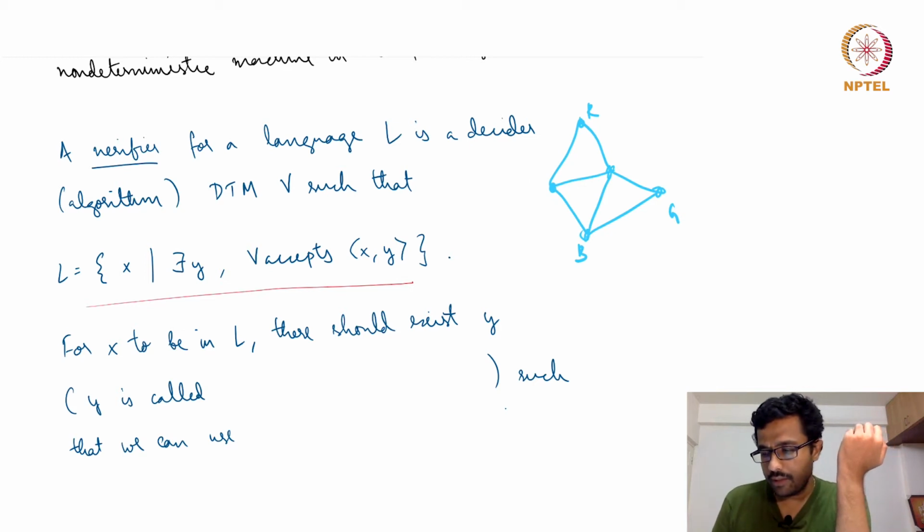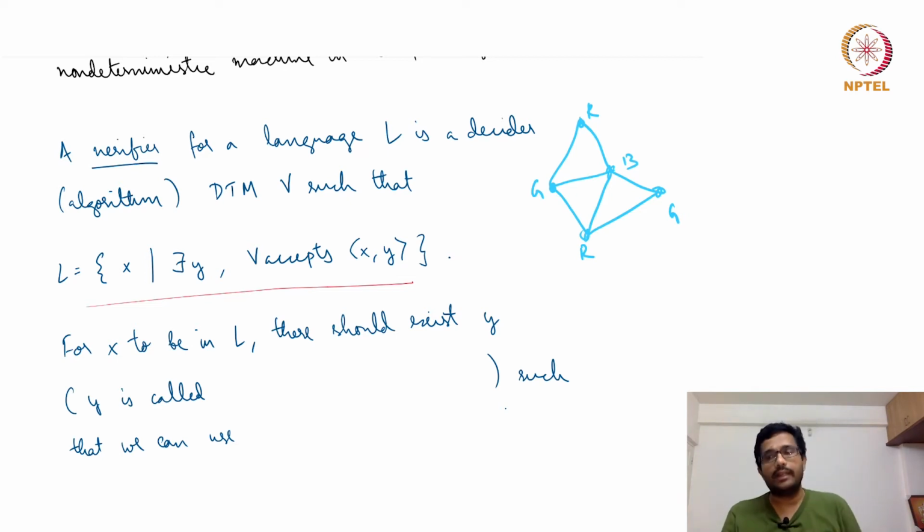But if you consider another assignment, red, green, blue, maybe red over here, this corresponds to a valid 3 coloring. And so now, is this graph 3 colorable? Yes.